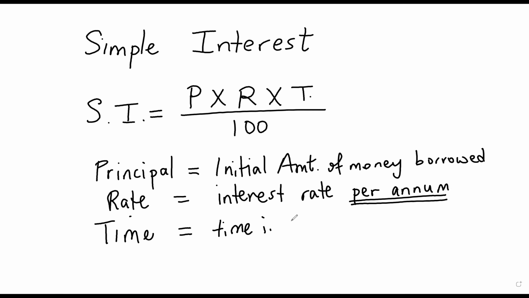So if you have a loan for 9 months, you have to represent that 9 months in terms of a year. So that's simple interest, right?